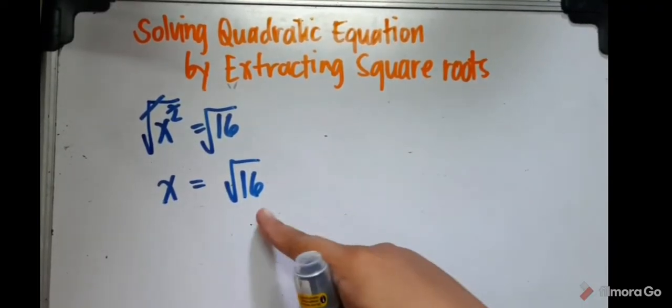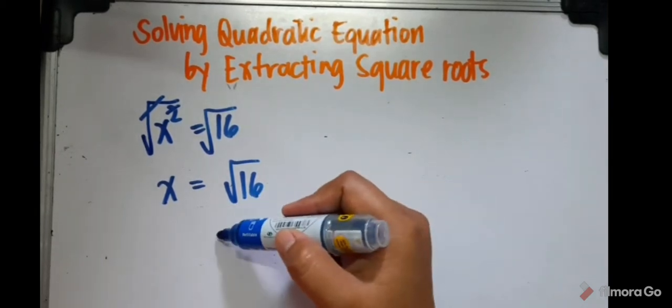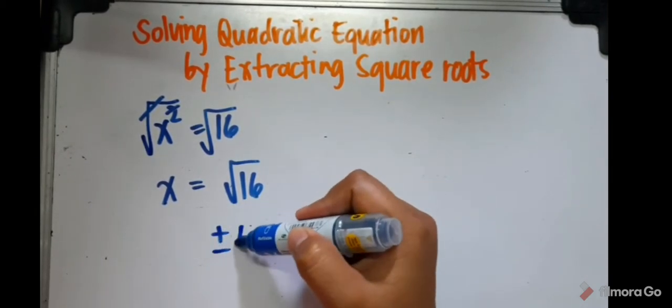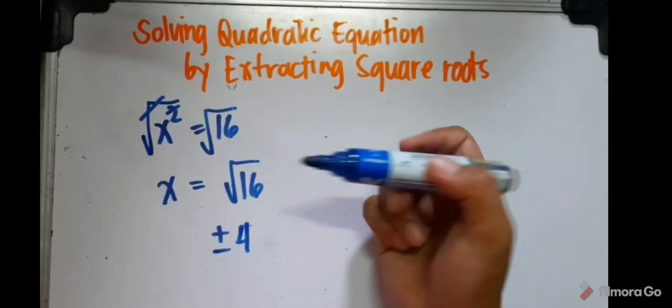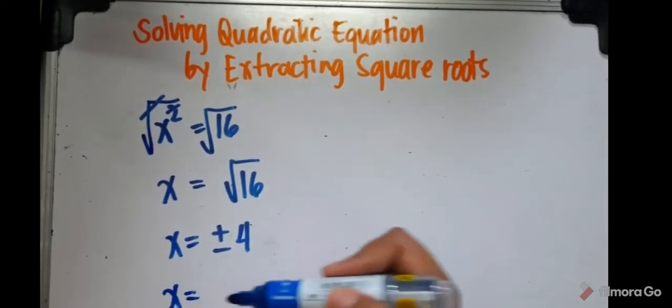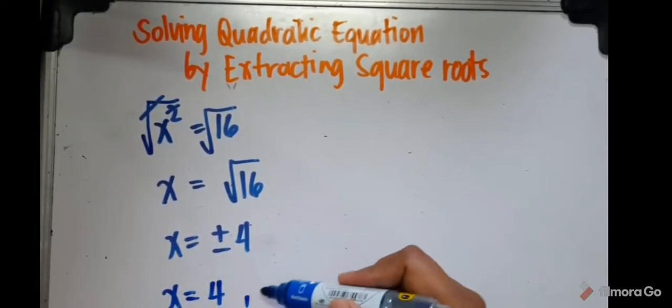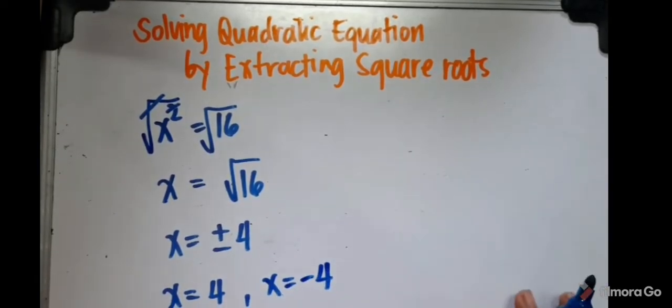So what is the square root of 16 this time? Okay, so we have positive and negative 4. Remember, a square root always has two answers. So the roots that we have are x is positive 4 and x is negative 4.